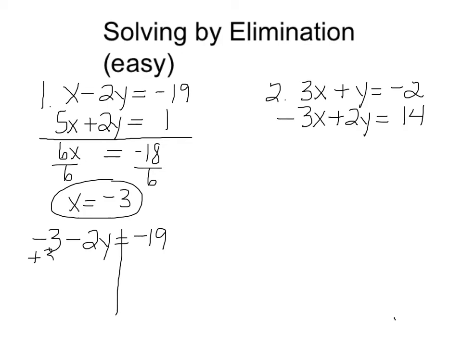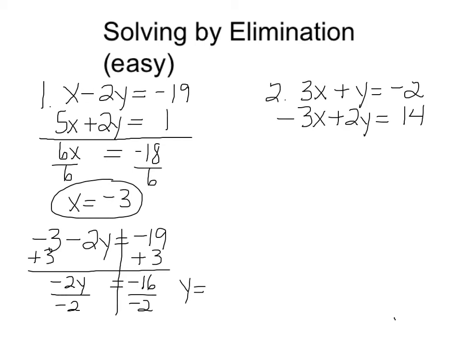I'm going to add 3 to both sides, and I'm going to have negative 2y. Be careful with the negative sign. If I add together a negative 19 and a positive 3, I get a negative 16. Then I'm going to divide by negative 2, and so I will get y equal to positive 8.